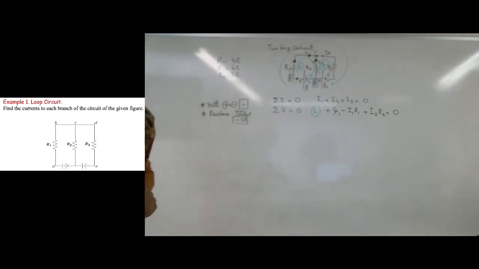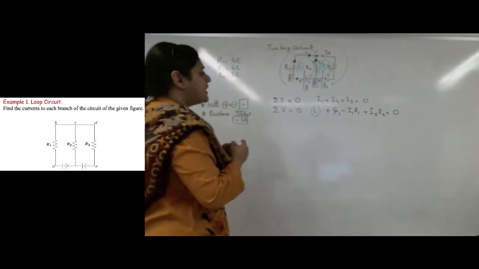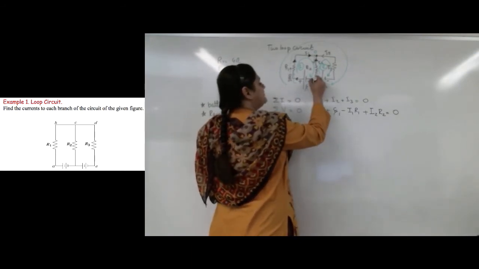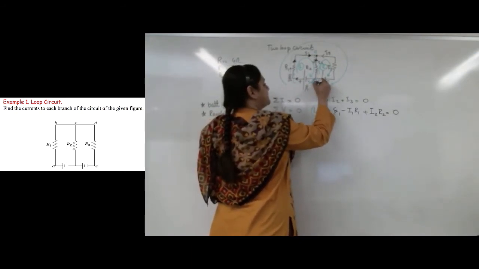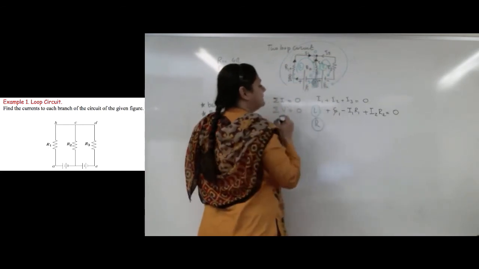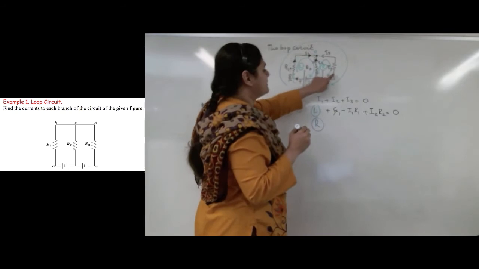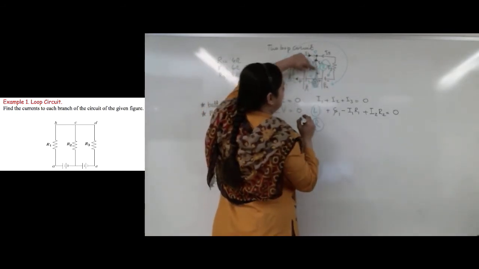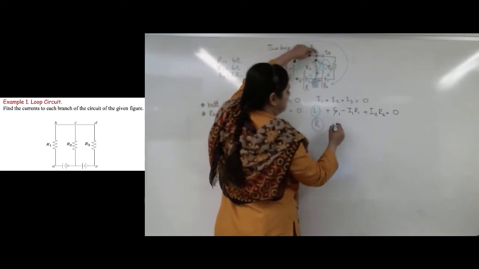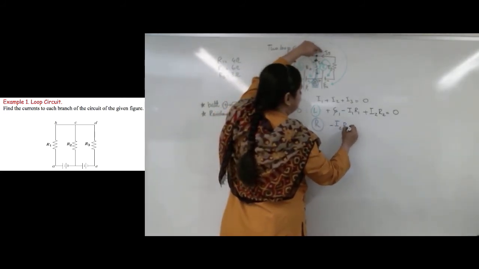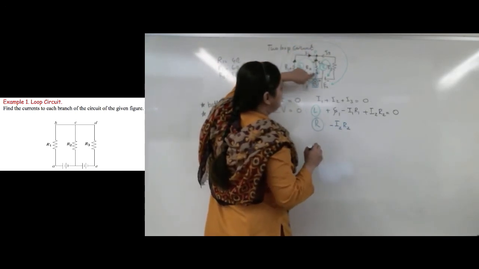Now, let's talk about the right loop, okay? Same person, I'm going to put a box around it now. This person has to start moving upwards, right? Because my loop I chose is that way. Now in this case, if it's going upward and the current is also going upwards, I am going to have minus I2R2, right? Along this path.